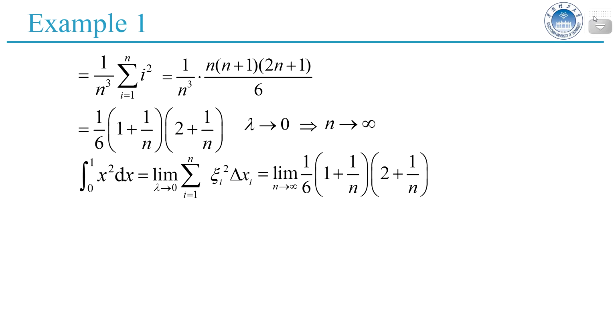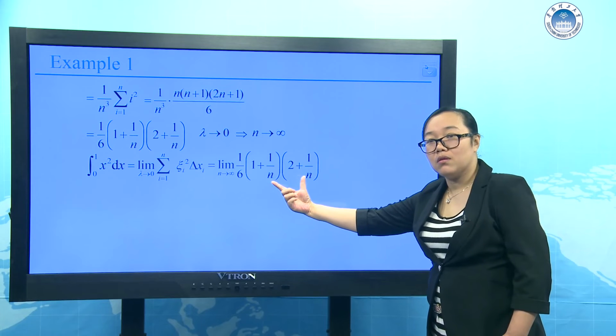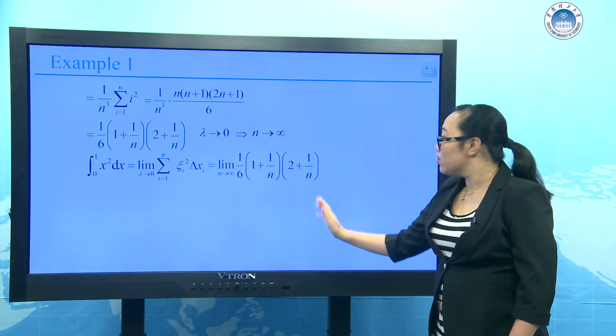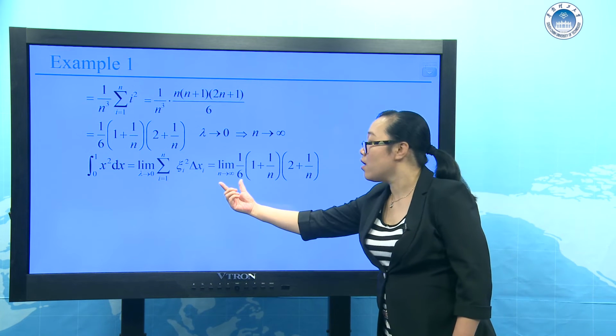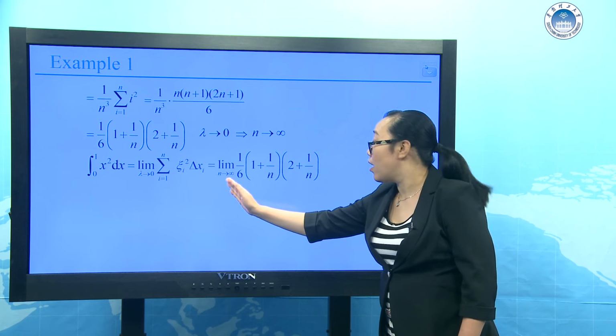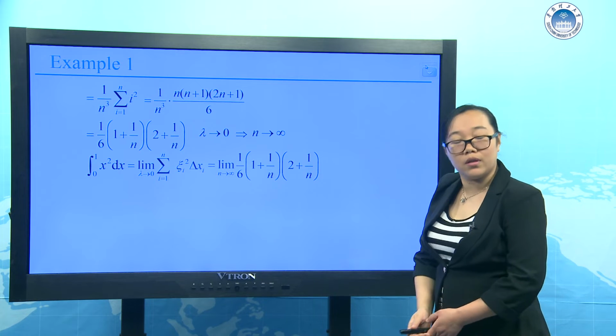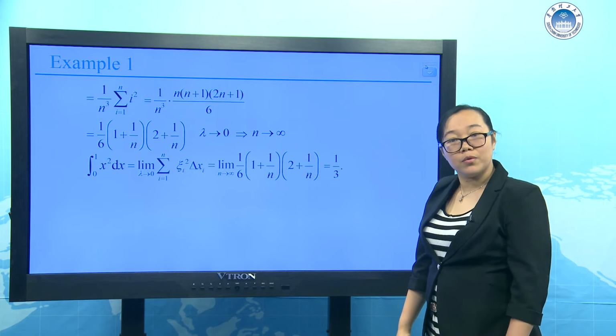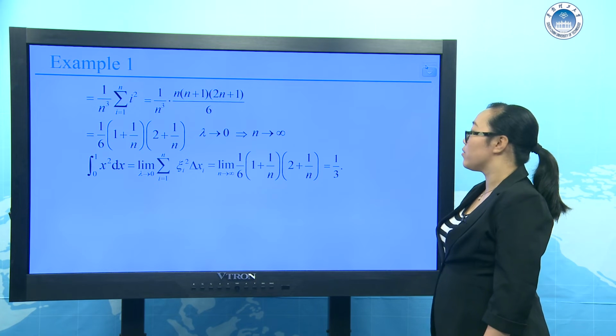So lambda tends to 0 means n tends to positive infinity. Why do we write n? Because in this expression the variable is n, so we need to write how n changes. So n tends to positive infinity. So how to compute? Yes, it equals 1 over 3.